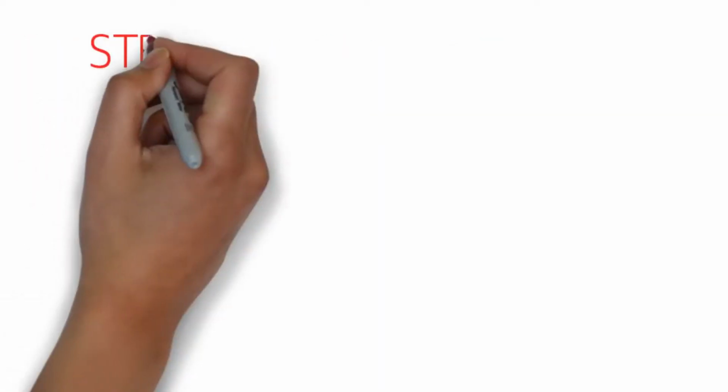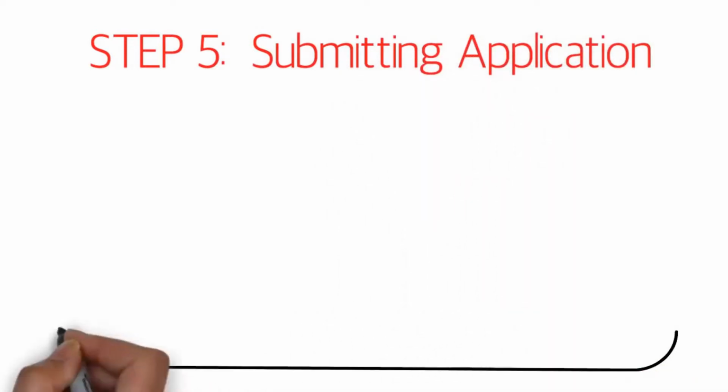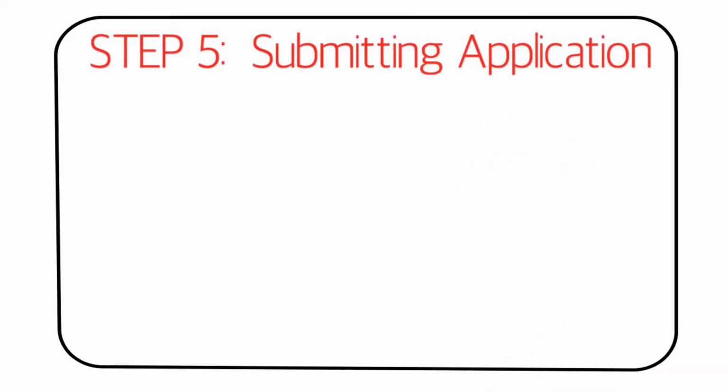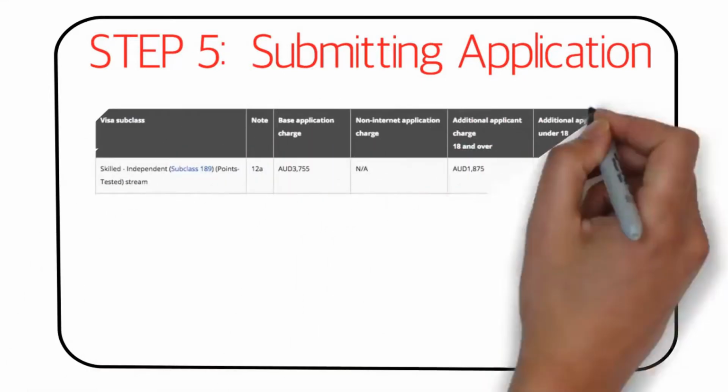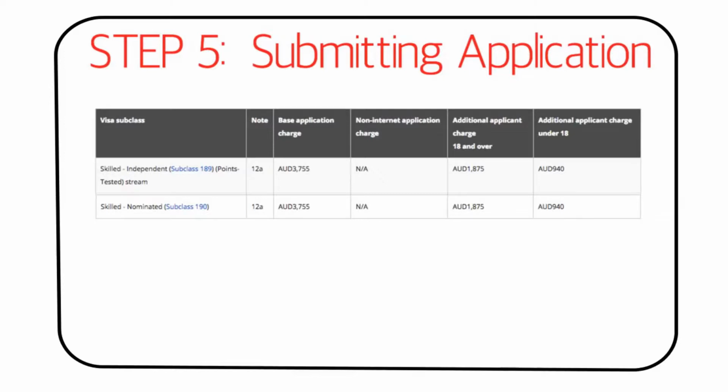Okay, moving on. Step 5, submitting the application. Here is the point where you actually pay the maximum amount. This is the visa fee, which you're now paying. The visa fee is more or less the same for all the different subclasses, for 189, for 190, and also for 489, which is the temporary, or rather provisional, visa.